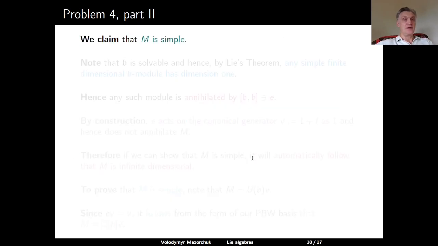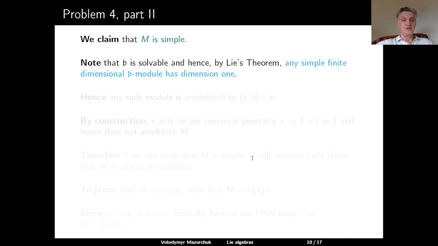So now we claim that the module M is simple, and this will complete the solution to our problem, because we know that B is solvable, and so by Lie's theorem all simple finite-dimensional B modules must have dimension 1.